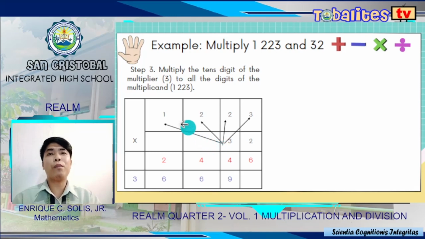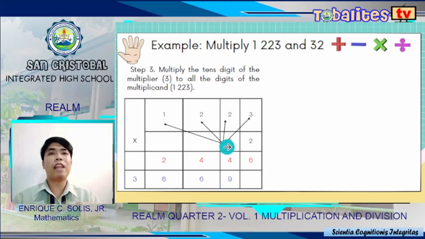That's why we are going to multiply 1,223 by 30, since this is the tens digit. So multiply 3 by 3, and write the product under the column of the tens digit. So you are going to have 9. Write 9 as the product of 3 times 3 under the tens place value.